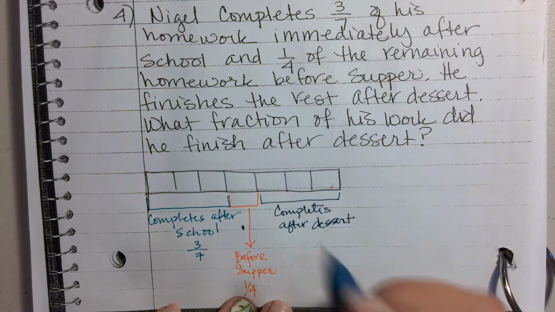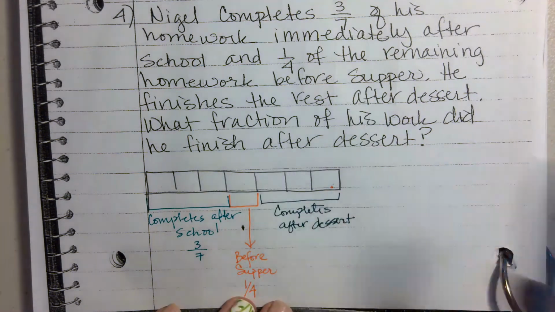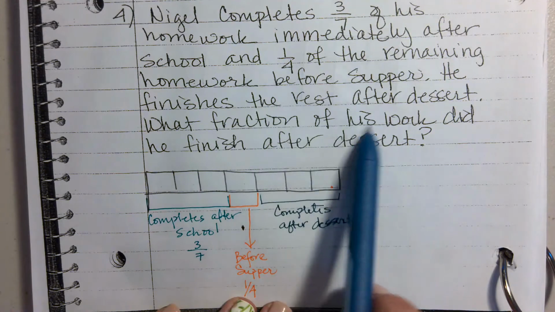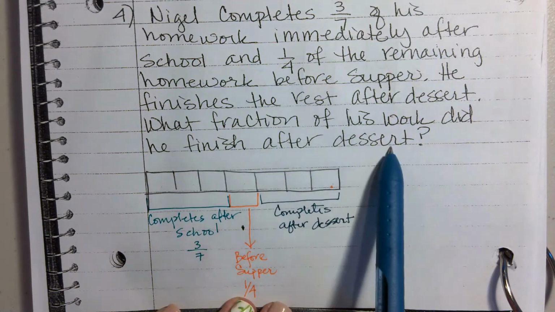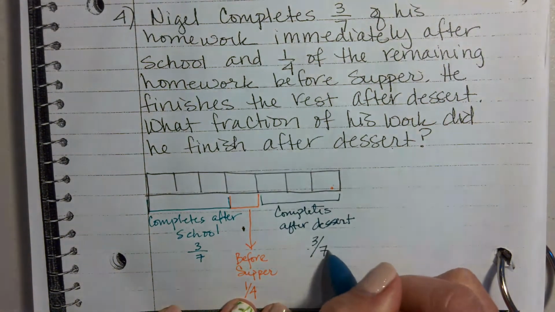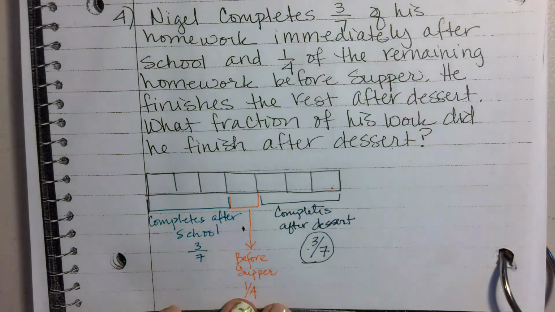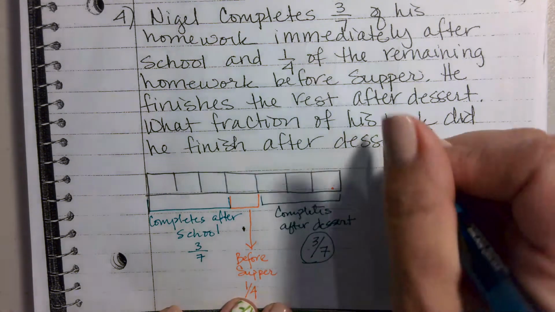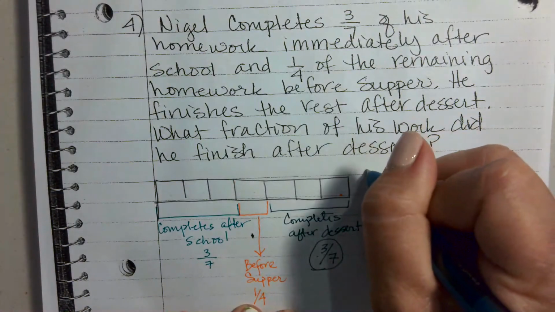Okay, so the question is, what fraction of his work did he finish after dessert? Well, what is left? 3/7 is left. That's the answer to the problem. Nigel completes 3/7 of his homework after dessert. So always write that in a complete sentence.